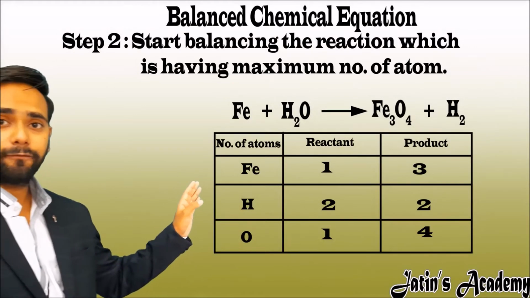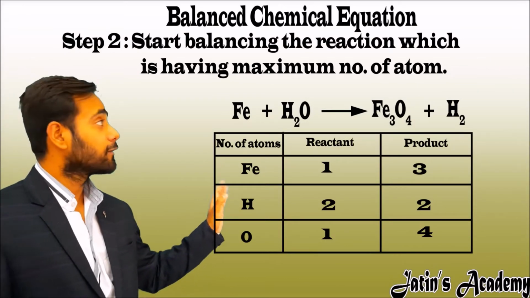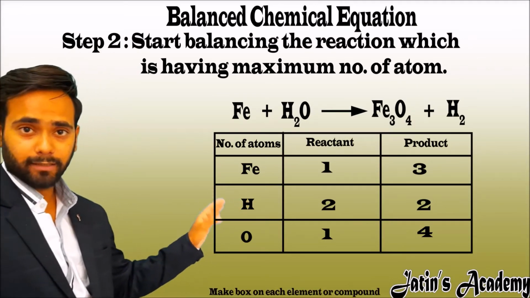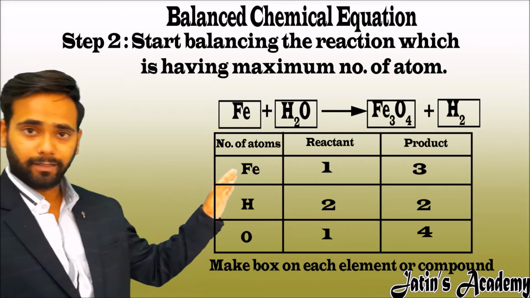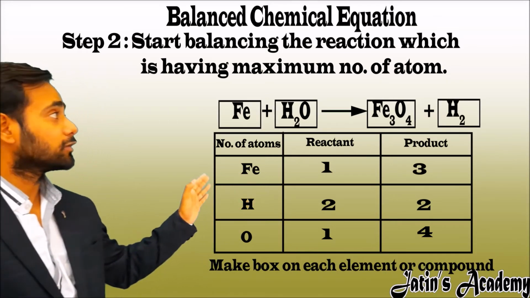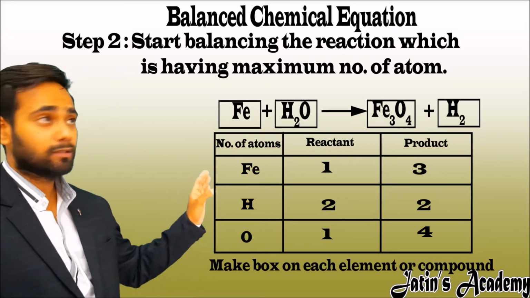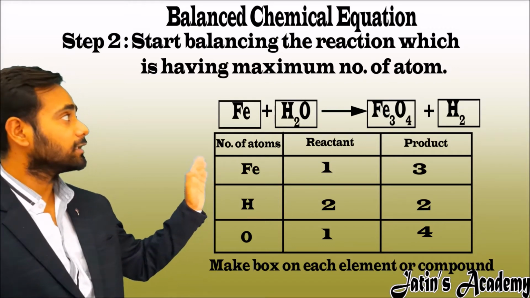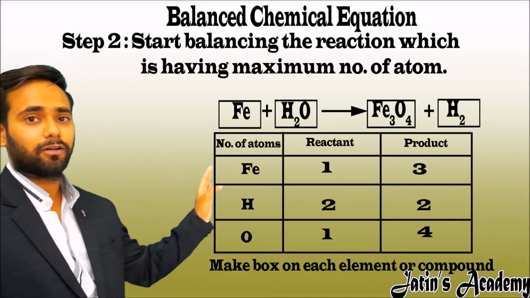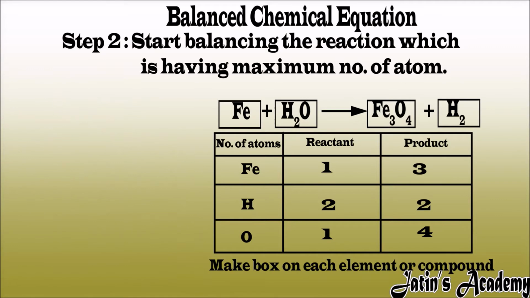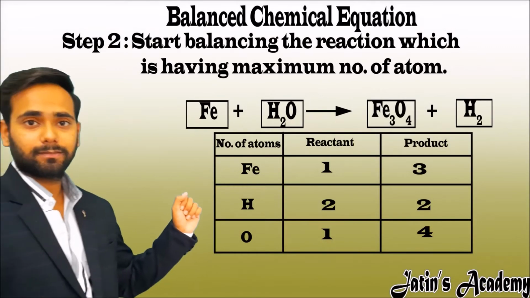Now, multiplying by 4 on the reactant side, first of all we have to make a box around each element or compound. Why? Because when multiplying, we have to multiply only outside the box but not inside the box. Why am I explaining this box method?